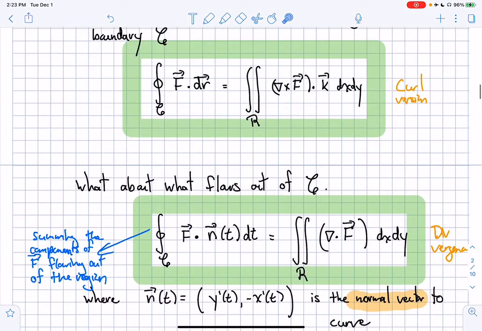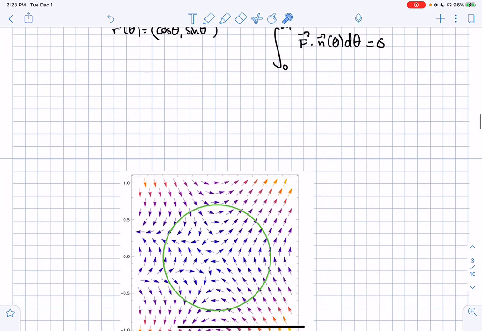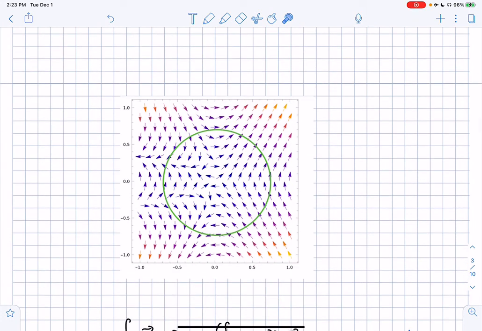All right. So these are the two versions of Green's theorem. And let's finish with a picture. Okay, so this is some vector field. And the curl version, so I have this curve C, right? So the curl version is actually, let's put it in green, summing up all the components of this vector field along the curve.